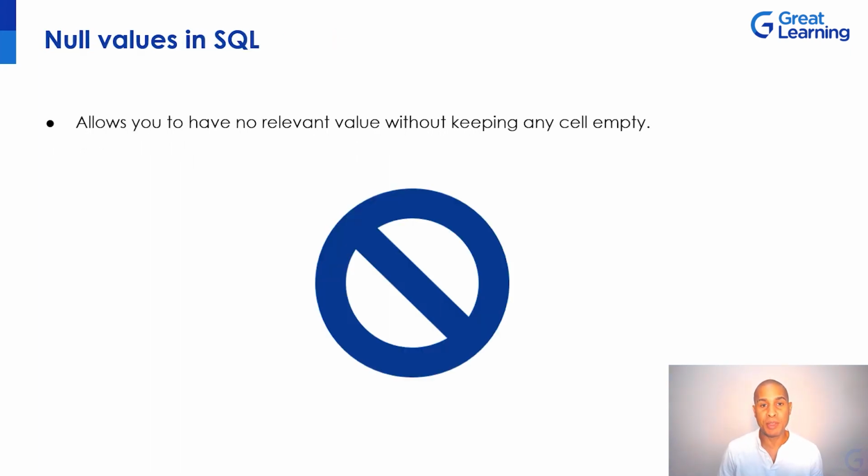If you are not familiar with the concept of null values, they exist to say there's an empty cell or empty value within a table. For example, suppose we have student names, student IDs, and student phone numbers. Student name and ID is something that is going to be regularly required.